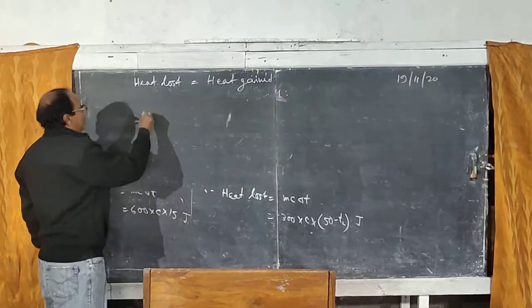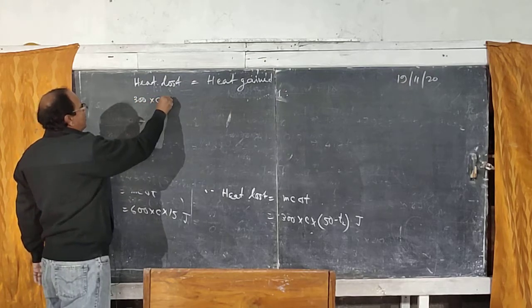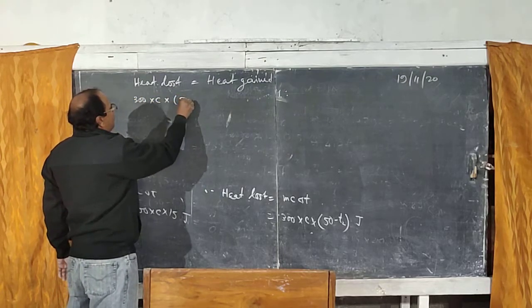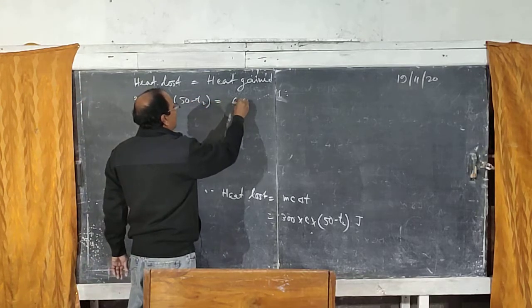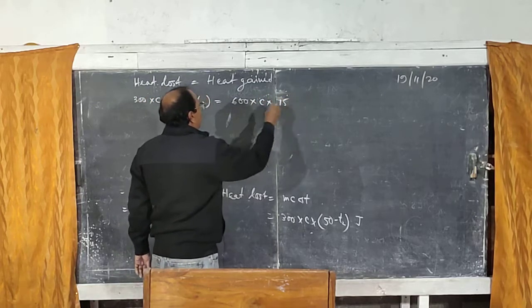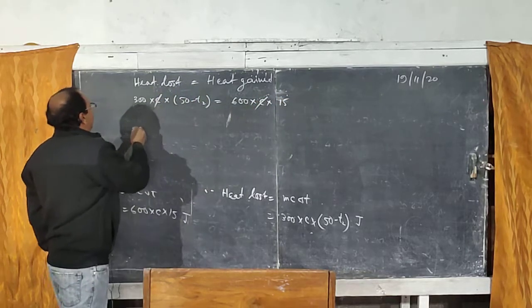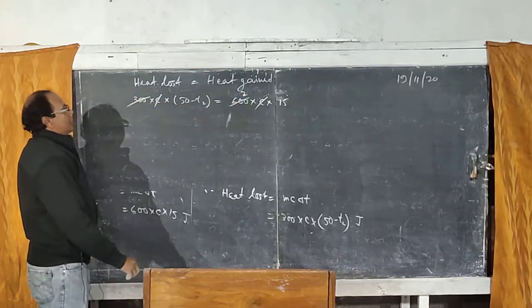So we write heat lost: 300 into C into 50 minus T2 is equal to 600 into C into 15. C cancelled. 300 to the 600.